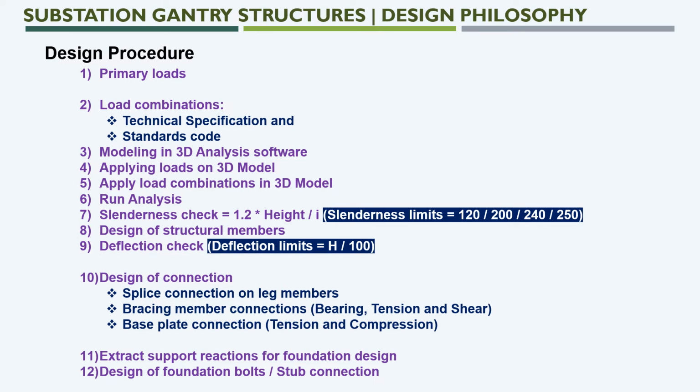So next one is the design procedure. For the design procedure, these are the steps. There are 12 major steps involved. One is primary loads.